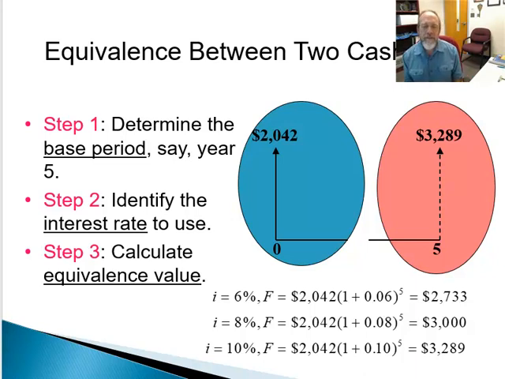It's a little harder to solve for the i inside the 1 plus i when you're doing it algebraically, but the concept is you're just solving for one of the variables. So an interest rate of 10% makes those two values equivalent when they're separated by 5 years' time.